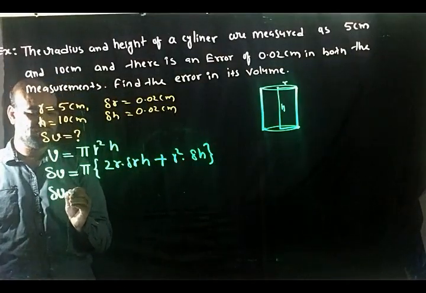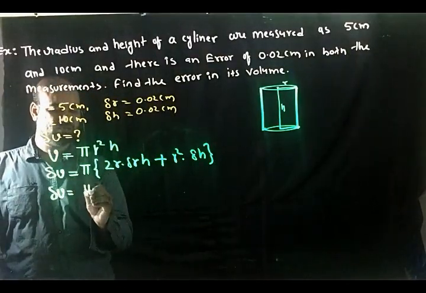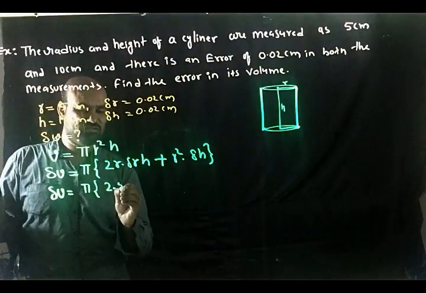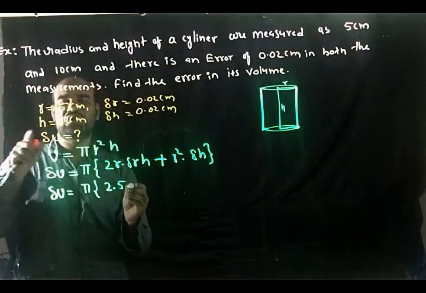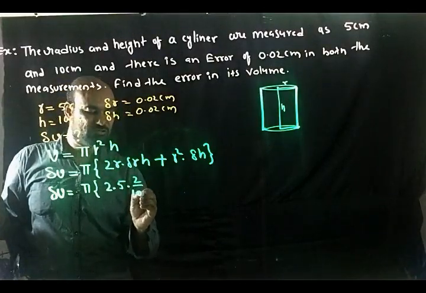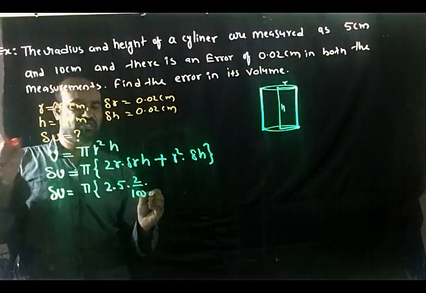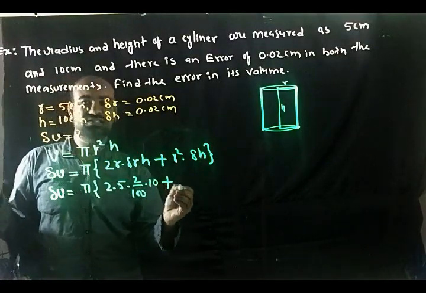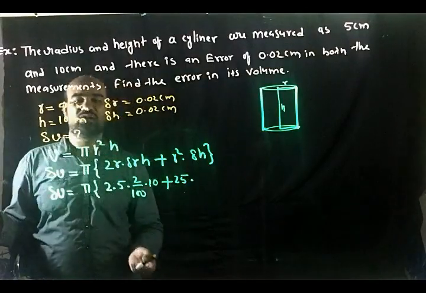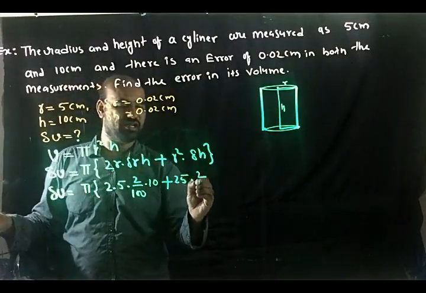Now substitutions. Delta V equal to pi times of 2 into r 5, delta r 2 by 100, h 10, plus r square 5 square 25, delta h same 2 by 100.